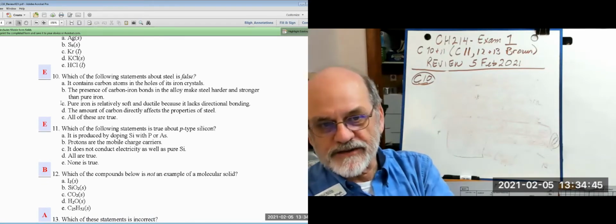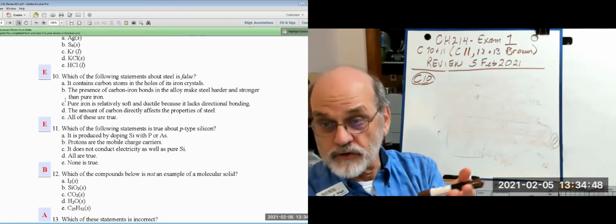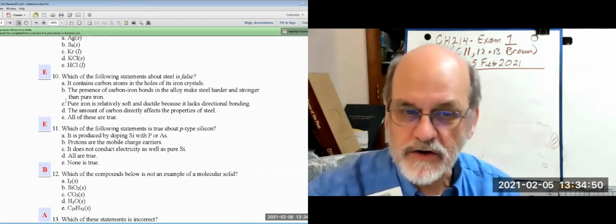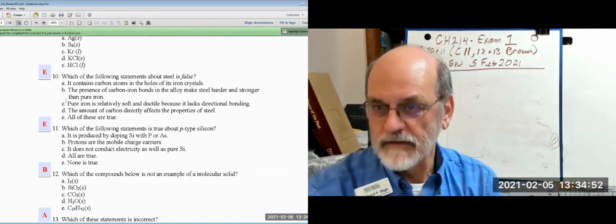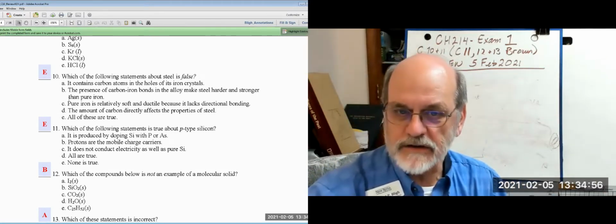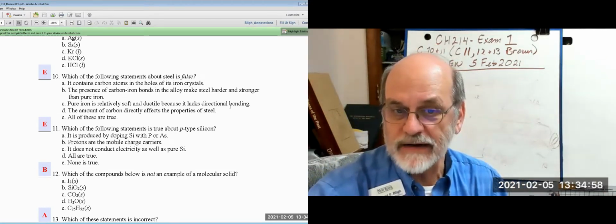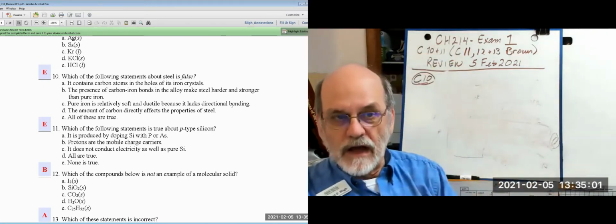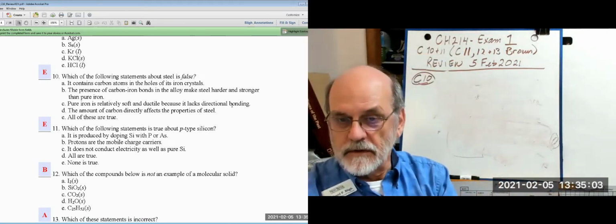How about C? So A and B are true. C, pure iron is relatively soft and ductile. Ductile means you can stretch it into a thin wire. Soft and ductile because it lacks directional bonding. That's true.